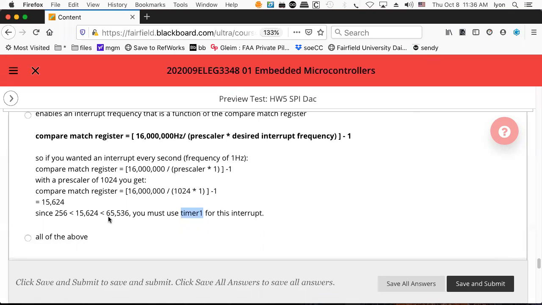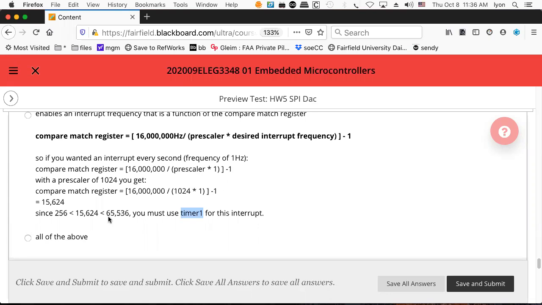But that doesn't really work because your counter can't count up to 16 million. It can count up to 65,536, and that's it. So you've got to prescale the 16 million to get to a number that's reasonable for the comparator.